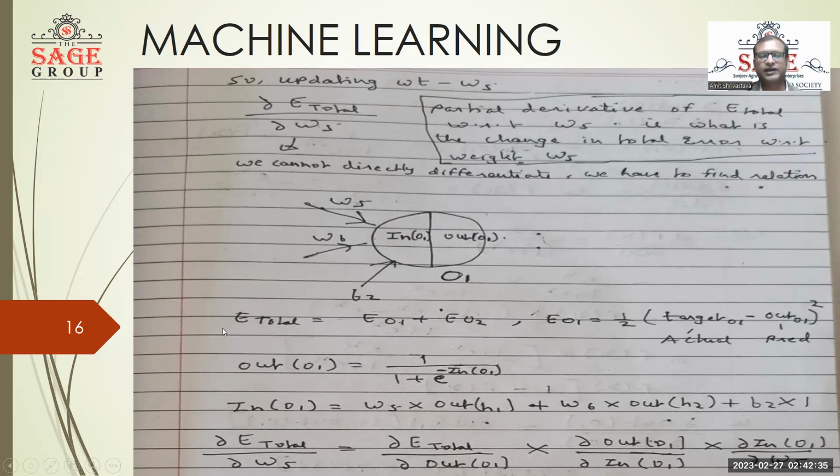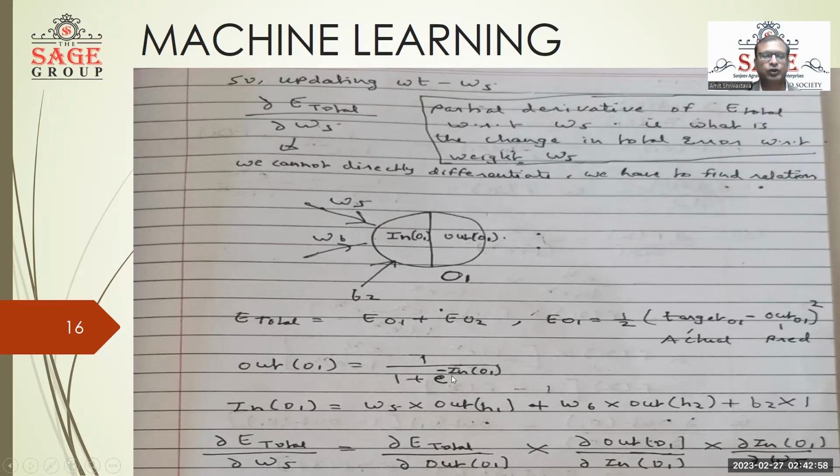Now, first of all, let us see. My total error is nothing but EO1 plus EO2. EO1 can be written as half into the target, that is my actual output, minus the predicted output, the whole square. Now, out O1 is the sigmoid function, 1 upon 1 plus e to the power minus x applied over the total input.